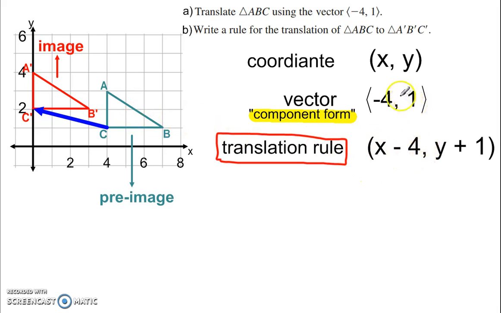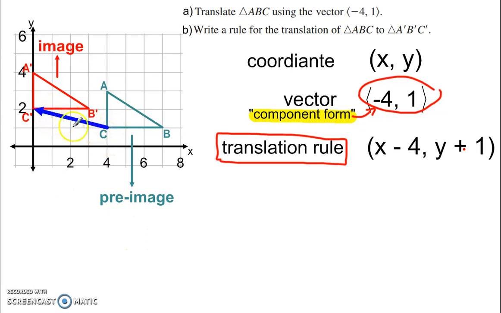So x minus 4, and then y plus 1. So basically what I just did, having the coordinates and the vector underneath, in component form. This, by the way, is called component form. I can write that as a translation rule, combining those two into one statement.